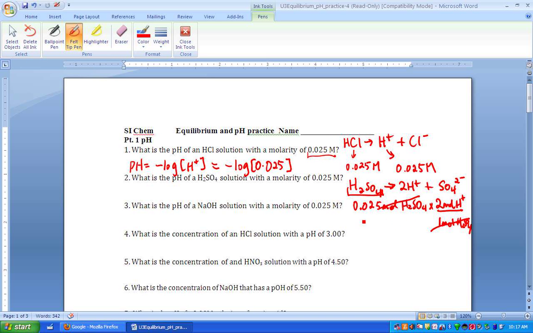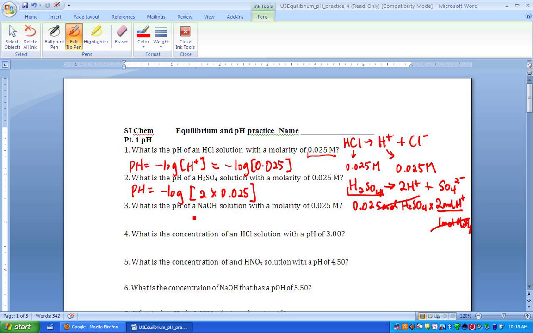These units will cancel out, and you get the relationship that for every 0.025 moles of H2SO4 you have double that amount of hydronium ion. So your pH now is going to be the negative log of 2 times 0.025.